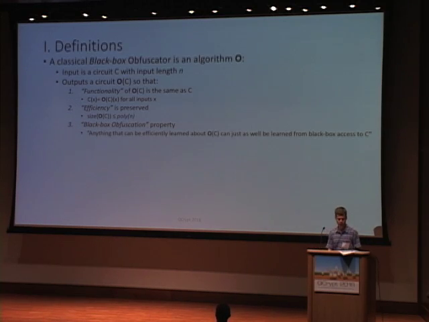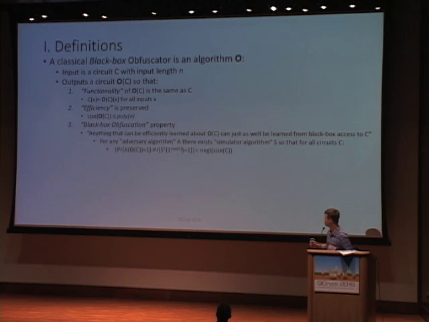So formally speaking, what this means is for any efficient adversary algorithm A that gets to see the obfuscation of the circuit, there exists some simulator algorithm S that gets to use the circuit as a black box that learns just as well whatever A learned.